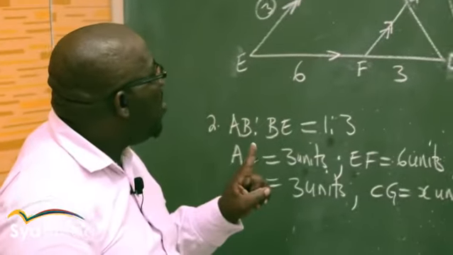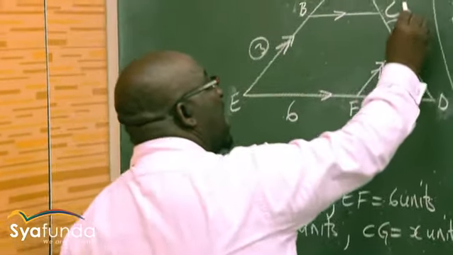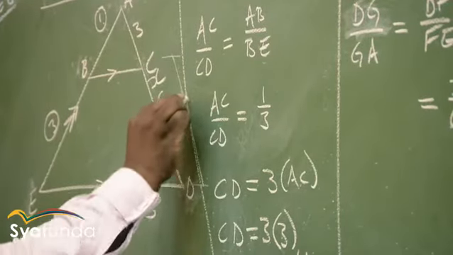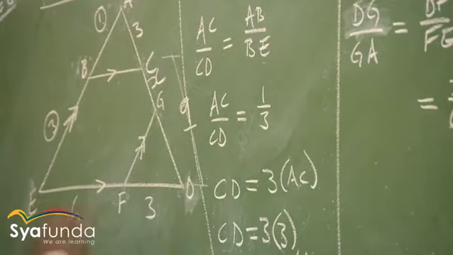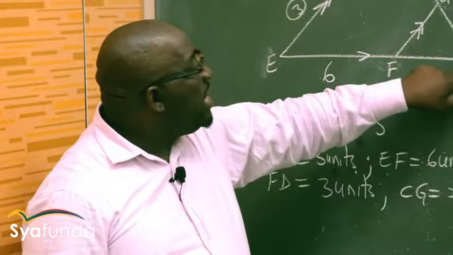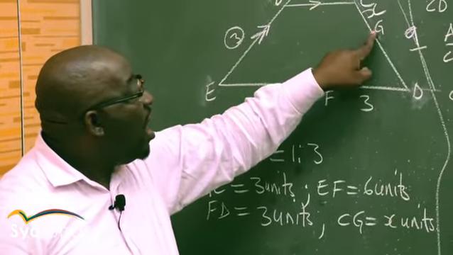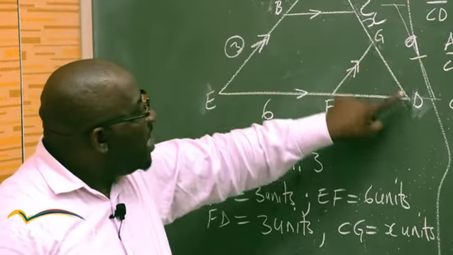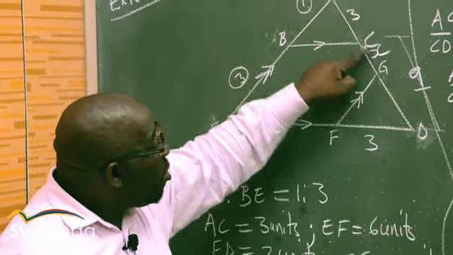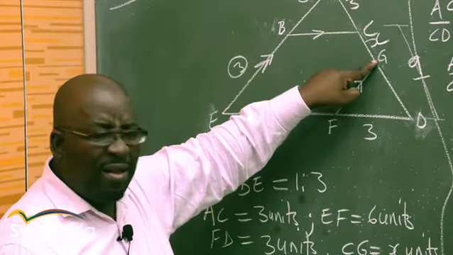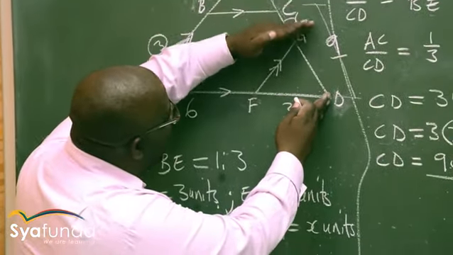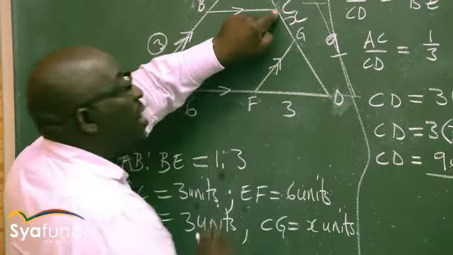And there's something that I know. I know this distance from there to here. This distance is 9 units. Now we want dg. If we take the whole distance and remove this part, what remains will be the dg we want.